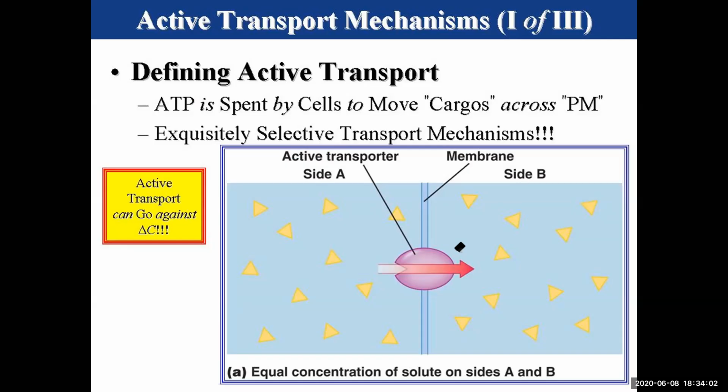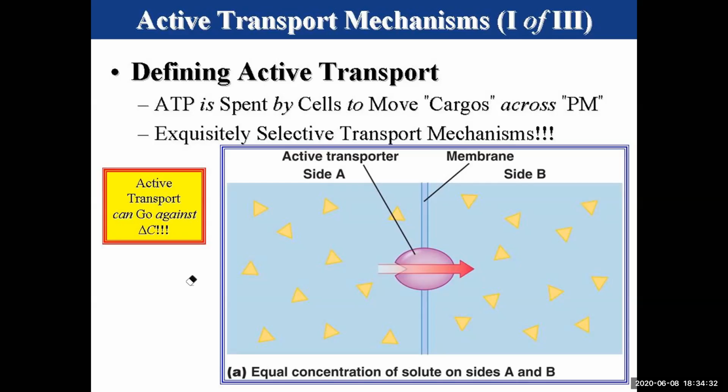So comparing and contrasting active transport from passive transport. Both passive transport and active transport are transport mechanisms moving solutes across the plasma membrane. Passive transport does not require energy. Passive transport mechanisms are driven by concentration gradient of the solutes being transported.